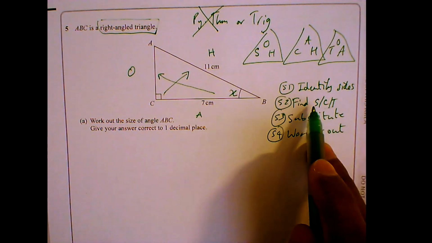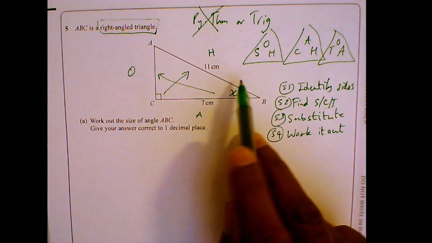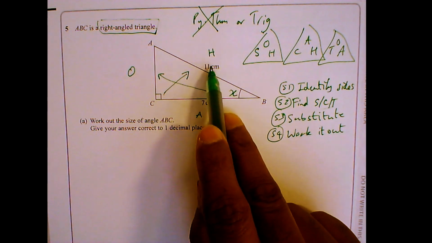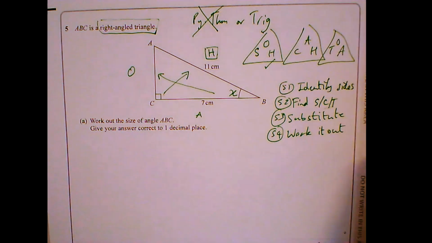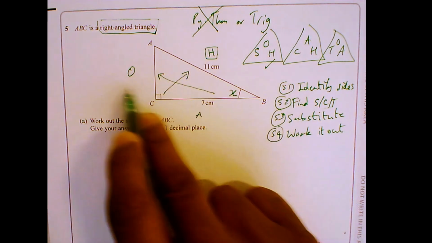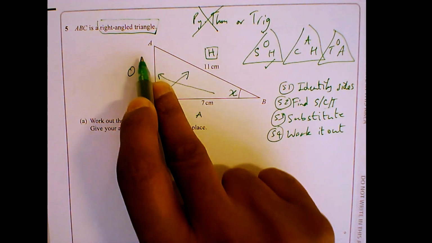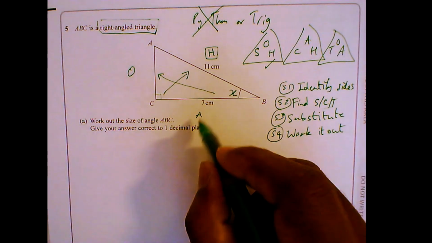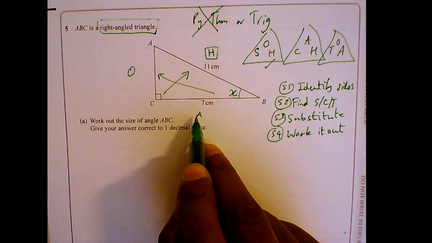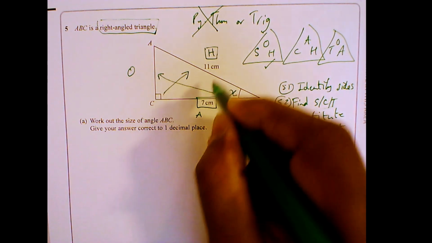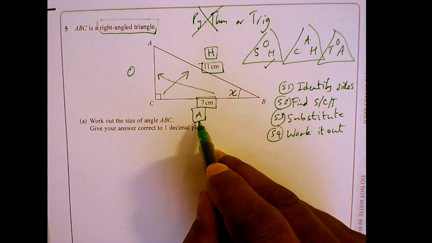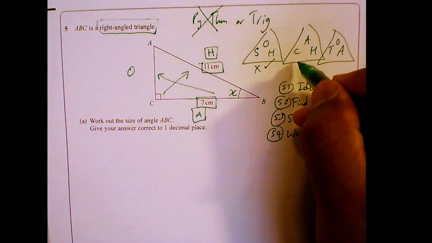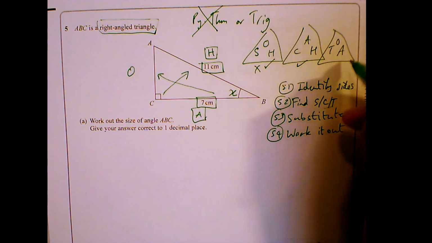Now I need to find SOHCAHTOA. Which one is it? Here I've got 11 is given to me, so this is H. I'm going to tick off H. Opposite, I'm given nothing, so I'm not going to be using that. So no O. And I've got A here, 7 centimeters, so I'm using A. There's no A here, there's an A here.